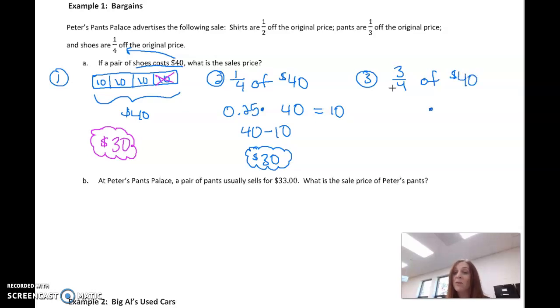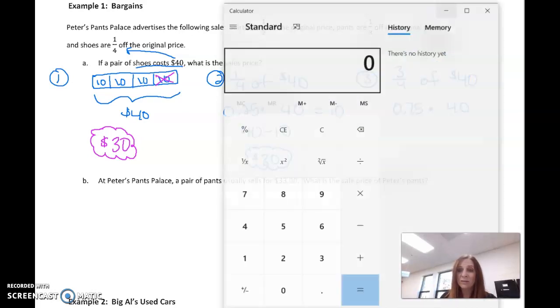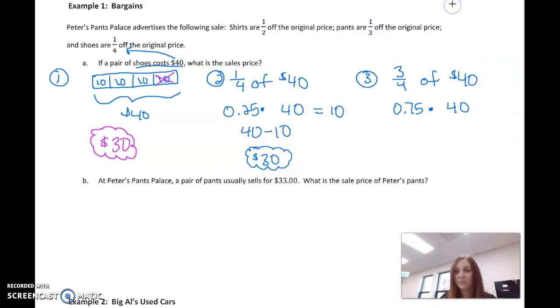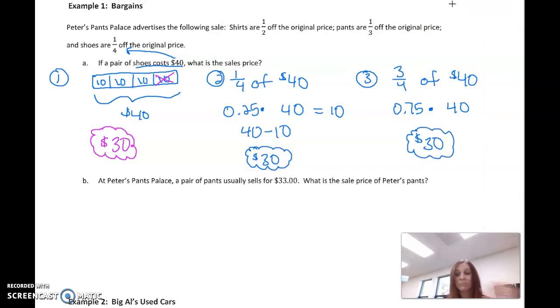Again, multiplying. And if you wanted to change this to a decimal, 3 divided by 4 is 0.75. And when you multiply that, it works out to be 30. So any way you choose to do these problems, it's all going to be $30.